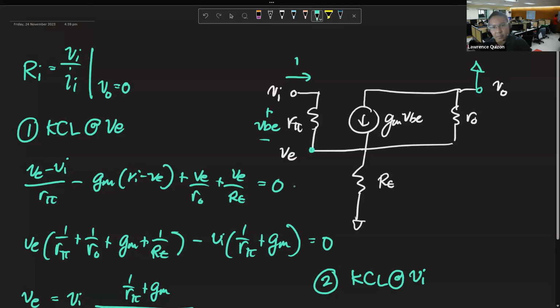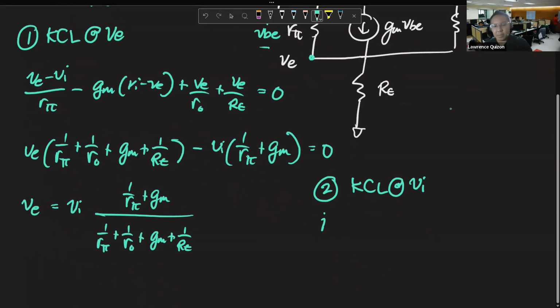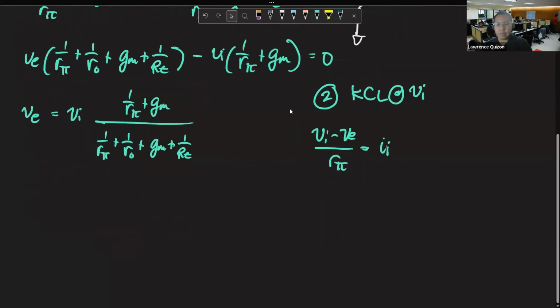Kasi meron tayong gustong kuning property from I in this time, no? And this one is actually quite simple. Bakit? Kasi we find, no, V in minus VE over R pi is equal to I in, no? Yun lang naman yung kailangan natin. So now we have V in over R pi minus VE over R pi is equal to I in.